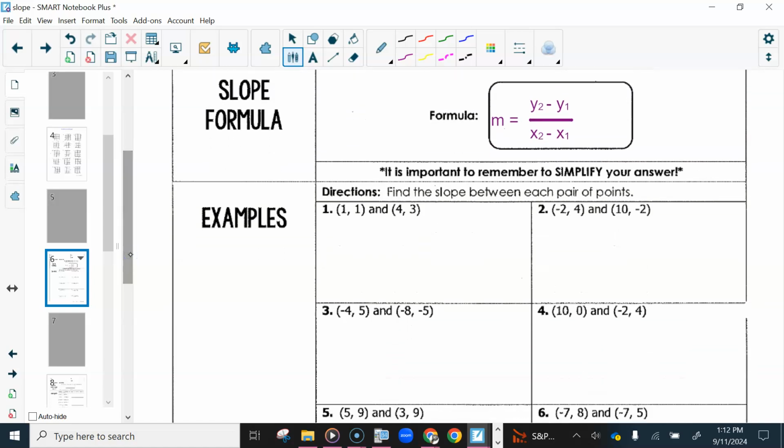So I'm going to label these. The first one as x1, y1. The second one as x2, y2. And then we're going to put each number into the formula.